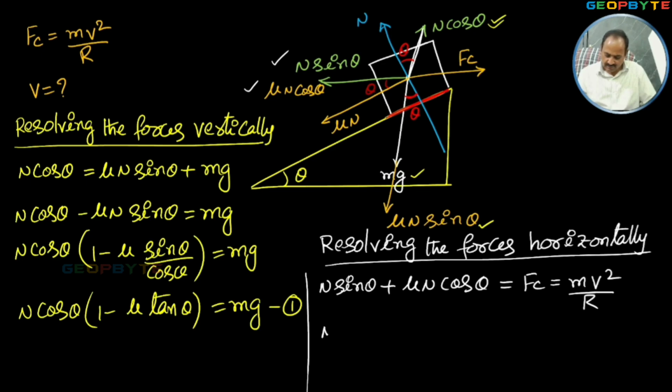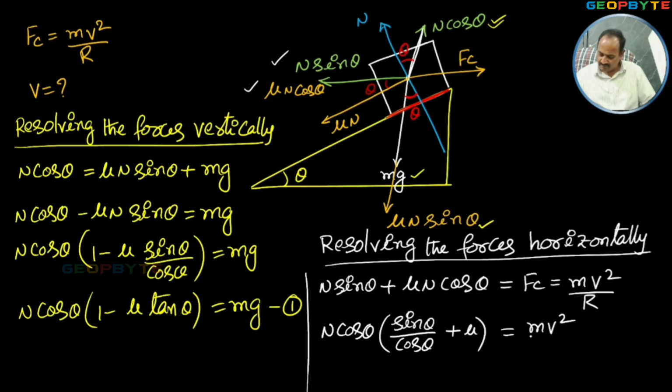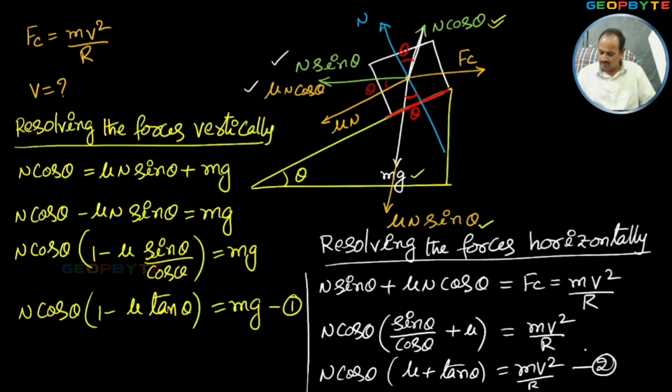Writing N cos theta outside, it is N cos theta into (tan theta plus mu) is equal to mv square by r. Let this be relation number 2.